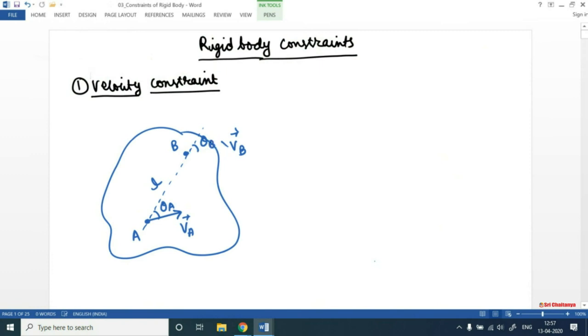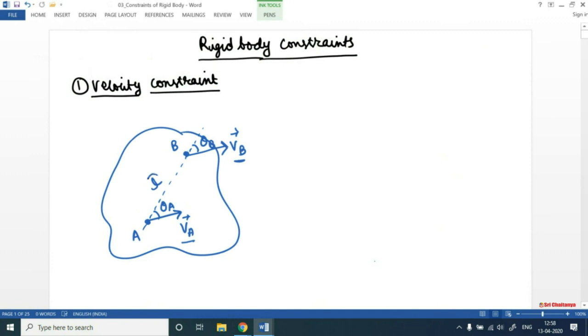So the velocity constraint is about relating VA and VB over here. Will we be able to do that? Yes, definitely. This is a rigid body, so no matter how it moves, point A will be moving and point B will be moving, but throughout this motion the distance or separation between points A and B will not change.